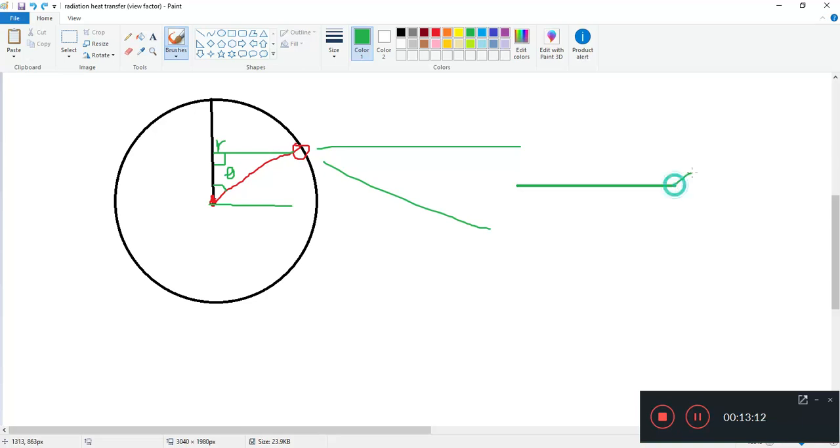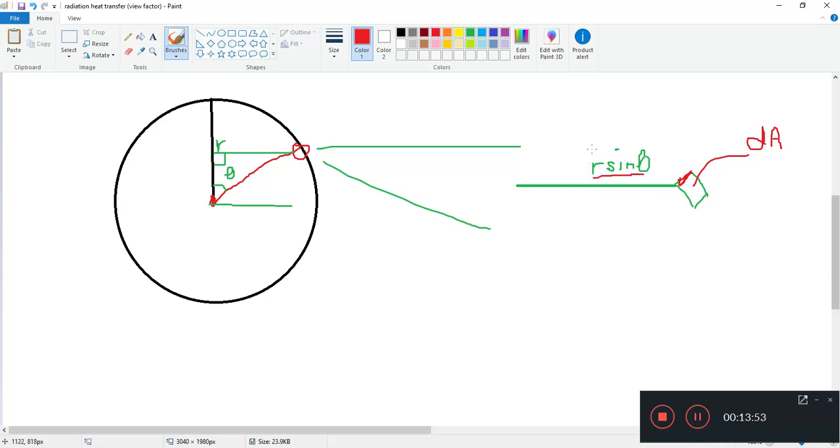We need to find this little length. This length is r sine theta. So what is the length of this square here? I'm going to highlight in red this area, called dA. What is this length here? Well, we have this arc length.